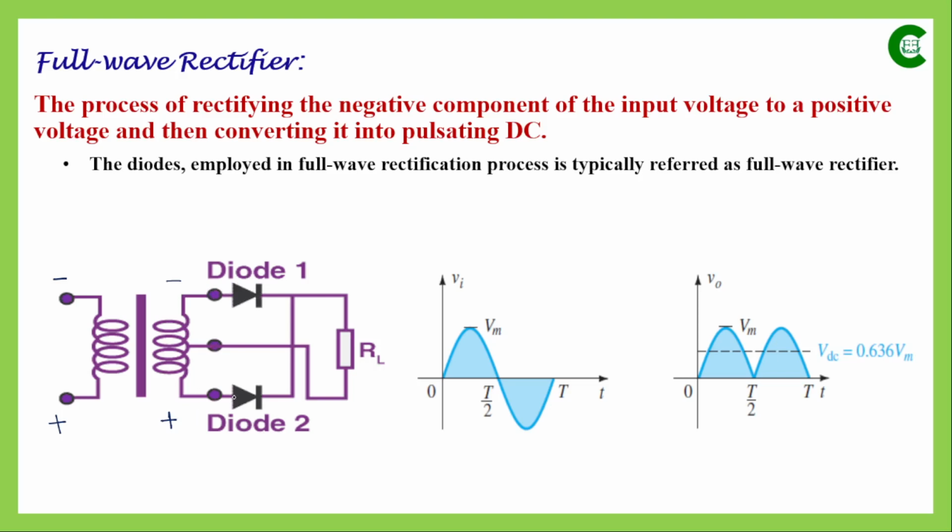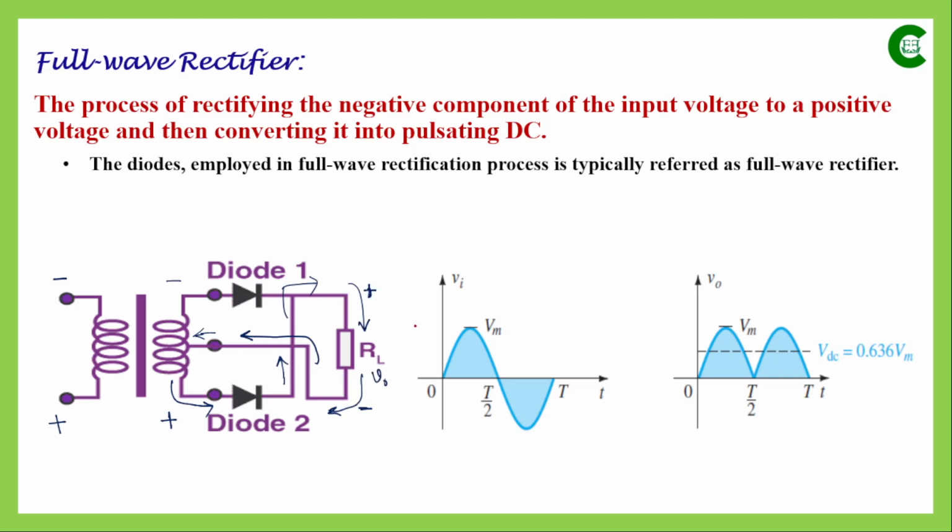The P side of diode 2 will be connected with the positive terminal, so diode 2 in that case will be turned on. A current will start flowing through this diode, and this way it will flow through the load resistor and complete its path. So through this closed path a current will flow, and again a non-zero voltage will be dropped across this load resistor.